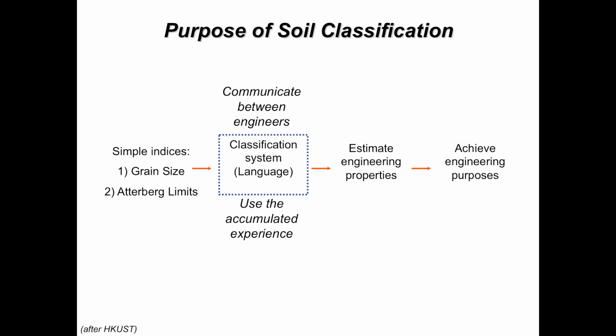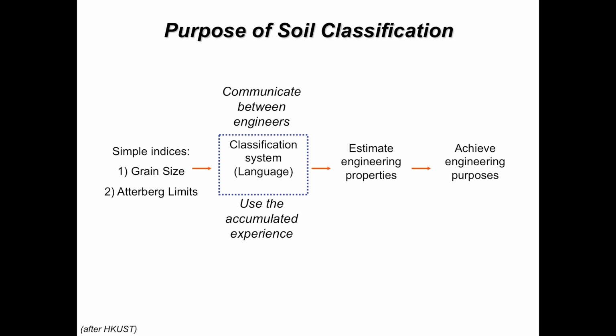The purpose of soil classification, I've touched on this already. Again, in engineering practice, we use things like grain size distribution and Atterberg limits. Grain size distribution is often enough to classify coarse grain materials like sands or gravels or aggregate that we might use in a structural fill application. With that information, we actually can generate a language.